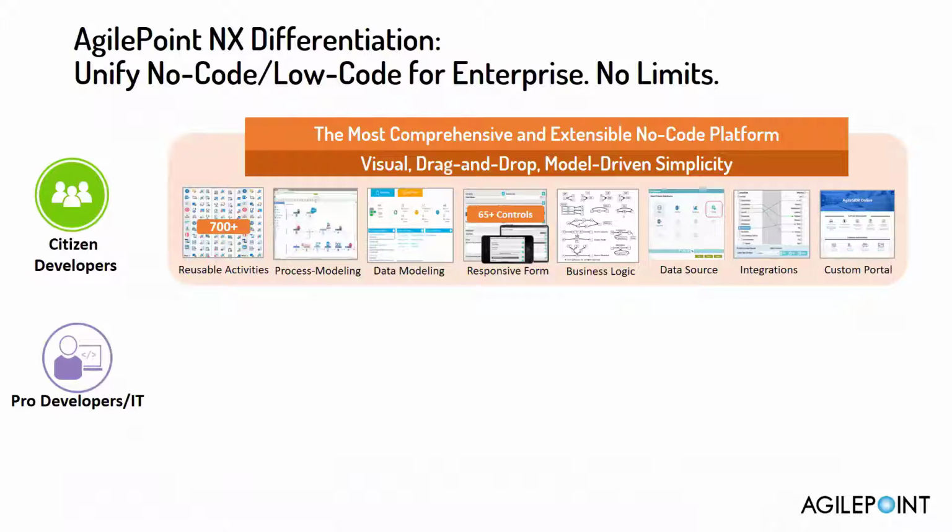Taking a quick look at the application development lifecycle as an example, starting off, we need to work out our data model. So whether that's something you want to model internal to AgilePoint with our data entity, or leverage our extensive library of connectors and activities to bring in existing data, and then we can easily use that data as a part of a process.